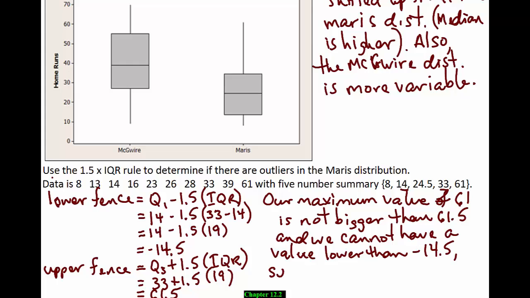So there are no outliers in this data. We almost had an outlier. 61 is pretty close to 61.5, but it didn't go past the upper fence, so it's not an outlier.